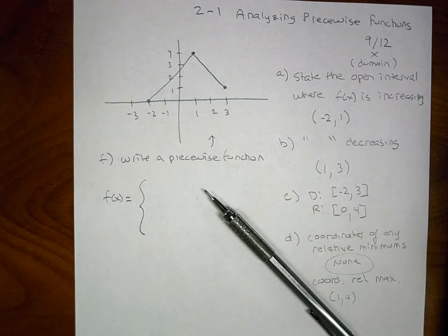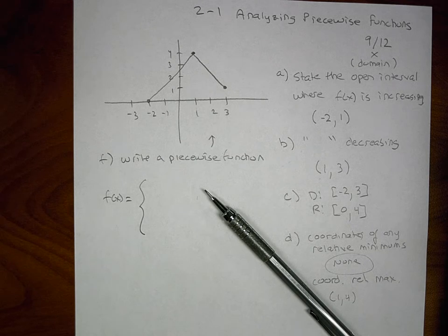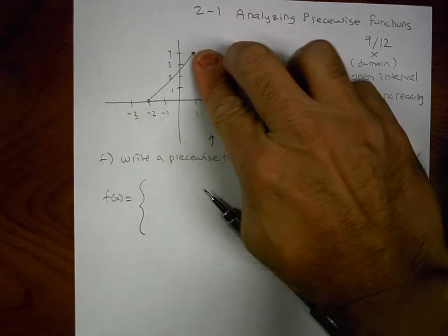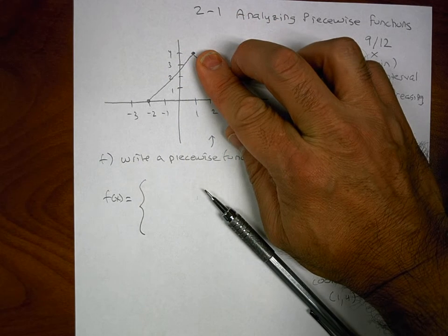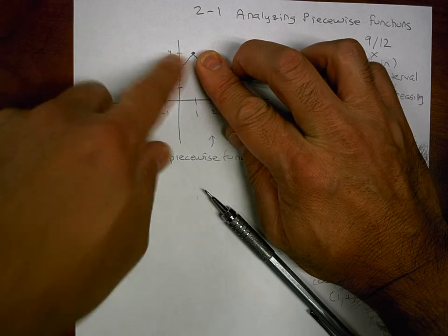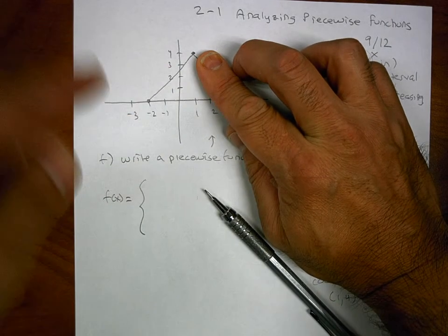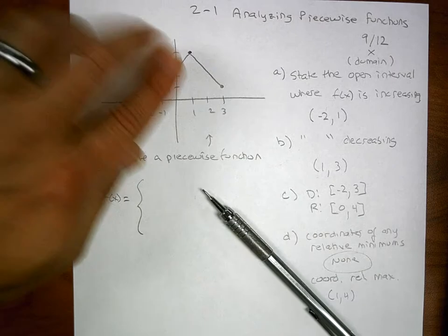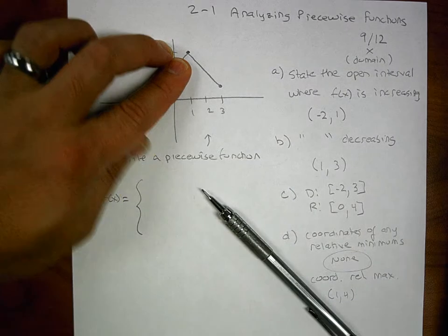Let me tell you why this should be easy. We've done this before. Do we know how to write the equation of a line? Yes. That's pretty easy, right? We pick either one of those two points, find the slope, and we can find the equation of that line. Can we find the equation of this line? That's our other piece.